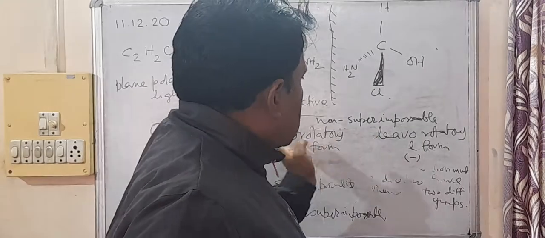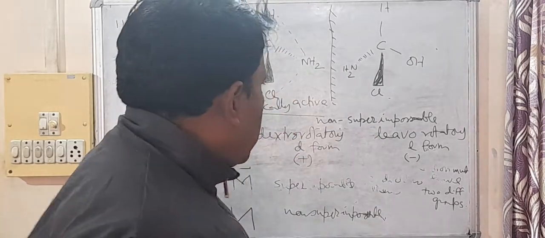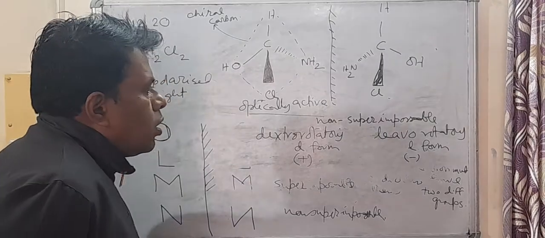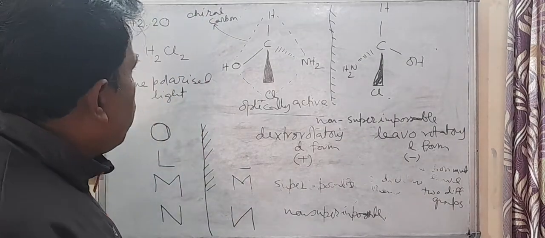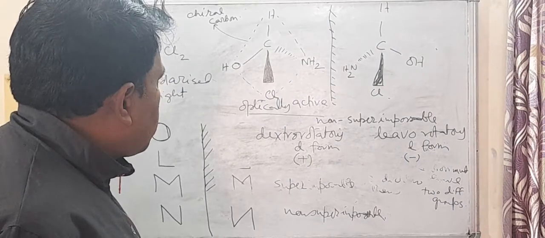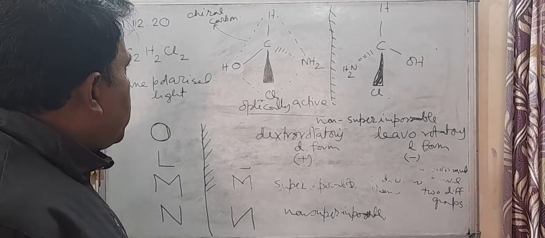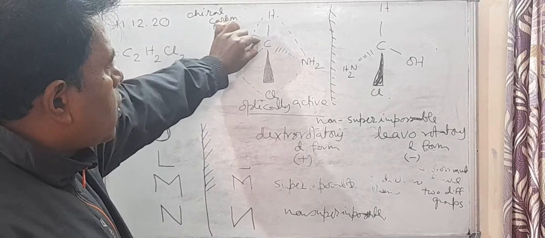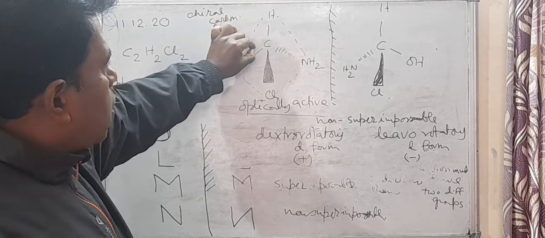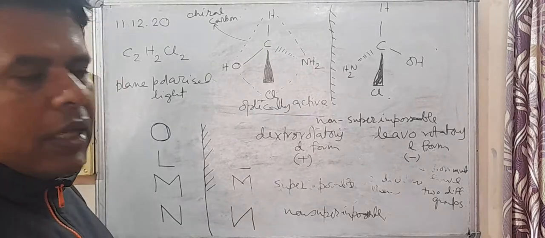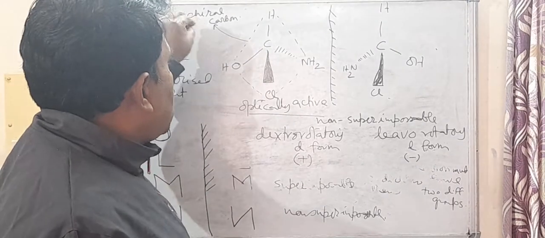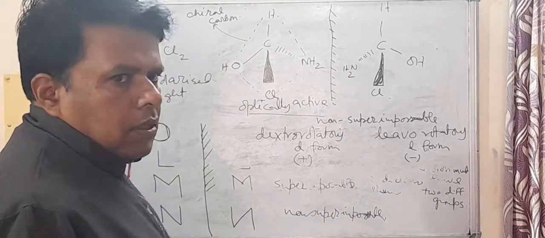So dextro and levorotatory are the optical isomers. So when will optical isomerism take place? It will happen if there is a carbon atom in the compound which is attached to 4 different groups.